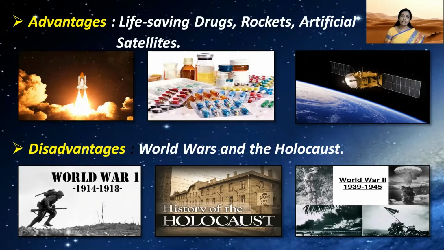But at the same time, science and technology has been used to destroy mankind and cause misfortune to human beings. This is very evident during the world wars and the Holocaust. The ramifications of these disadvantages of science are being felt by almost every country.